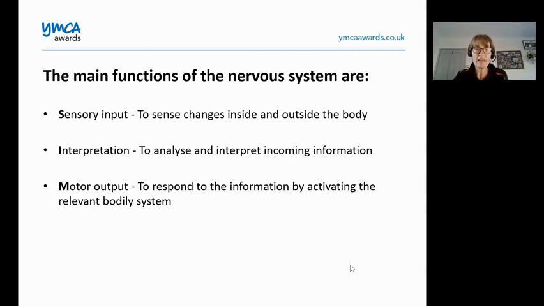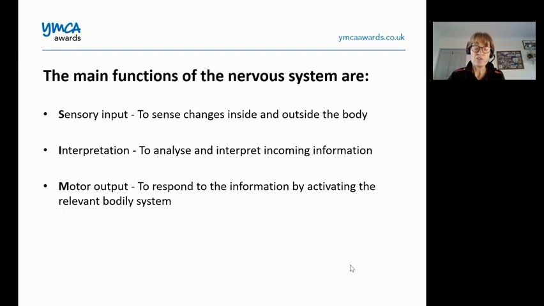So the main elements of the nervous system function are threefold, really. So first of all, we've got our sensory part, our sensory input, and here we've got nerves and proprioceptors and receptor organs that sense changes both inside and outside the body.